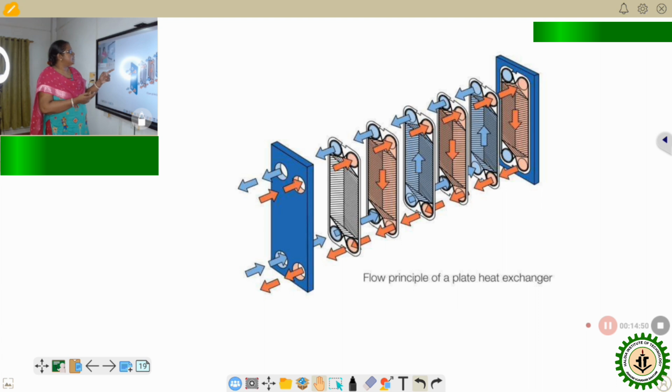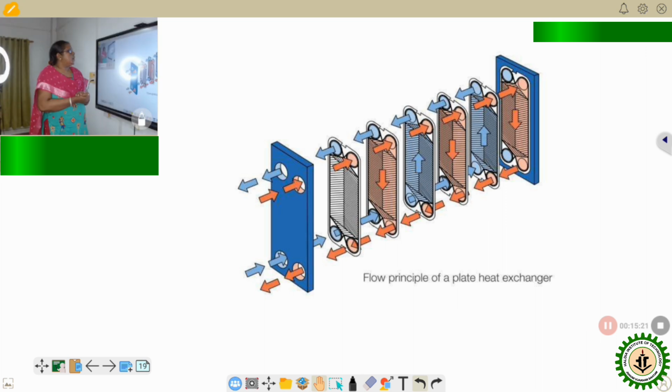You can see that the pores are present in both the top and bottom portions, and due to the rubber gaskets, the milk cannot enter directly into the next plate. Similarly, hot water or cold water does not pass directly from one plate to the next.